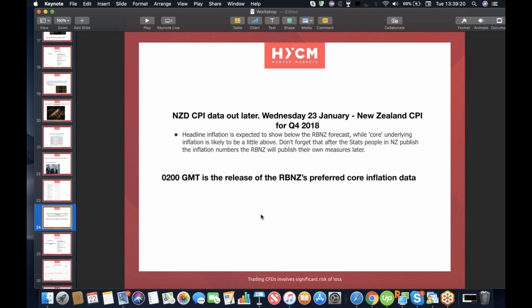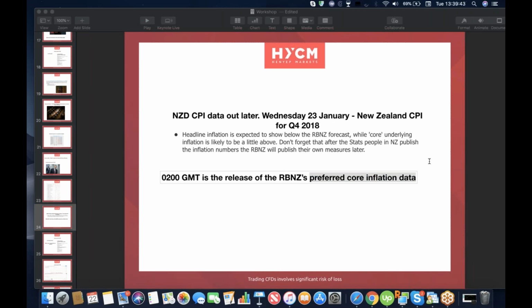I haven't been following the New Zealand economy very closely, so I'm just being guided by other analysts. But there's this expectation that the actual core reading, which is released at 2 AM GMT, is the Reserve Bank of New Zealand's preferred data. In other words, that's the data they're going to be going by.